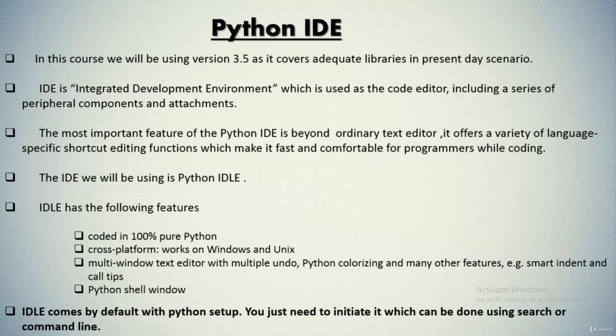First of all, it is coded in 100% pure Python. Secondly, it is cross-platform, that is, it works well on both Windows as well as Unix operating systems. It is also a multi-window text editor with multiple undo, Python colorizing and many other features, for example smart indent and call tips. And it also carries a Python shell window.